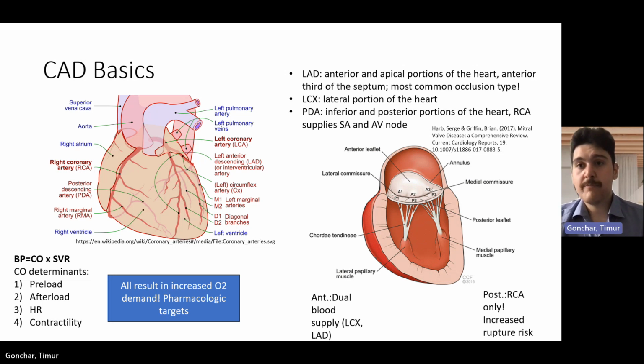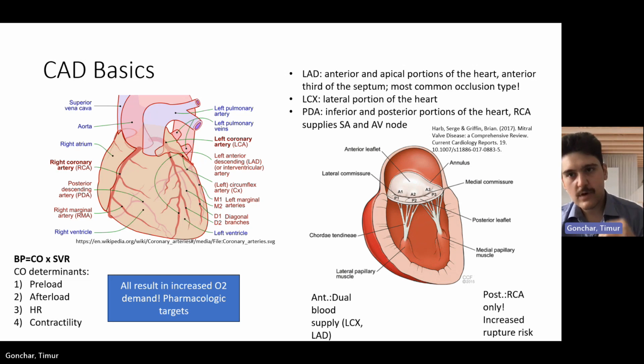Let's start with preload. Basically, we'll give nitroglycerin. In a classical myocardial infarction, the patients will get nitroglycerin. It will result in venous, that's very important, venous vasodilation, which will lower the preload because all the blood will stay in the venous system. The heart won't have to pump that much blood. That's very important.